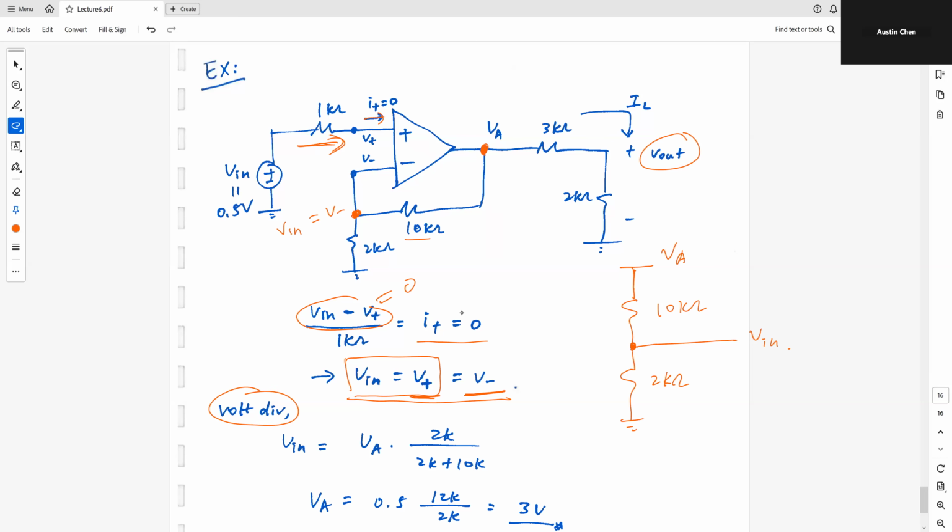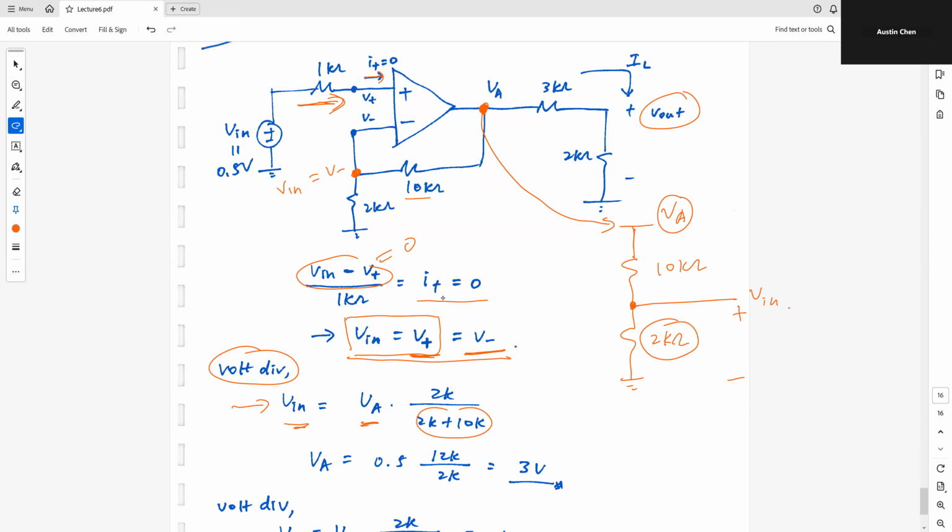I can set up a simple equation like this: V in is equal to VA times 2K over the sum. 2K, because I wanted to find the voltage drop across this 2K ohm resistor, and this VA is this point over here. If you know how to do this by inspection, you can use voltage division to find VA very easily.